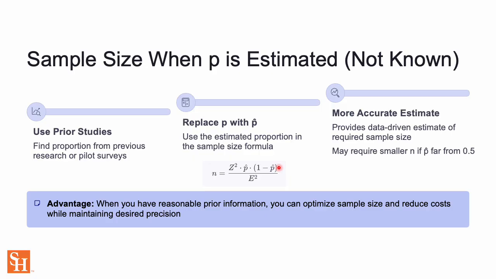We have seen earlier that when p equals 0.5, we have the maximum variability, and therefore we get the maximal sample size, right? So when we do not know any information about the proportion, and we do not have any prior studies related to this topic, we use the value 0.5 for the proportion, and by using 0.5 we calculate the sample size, right?